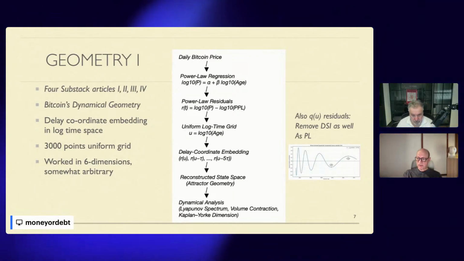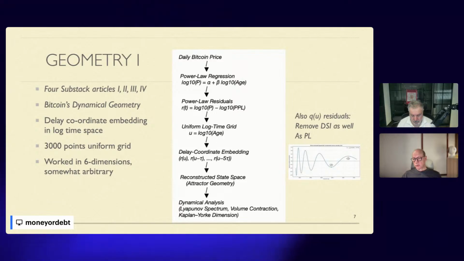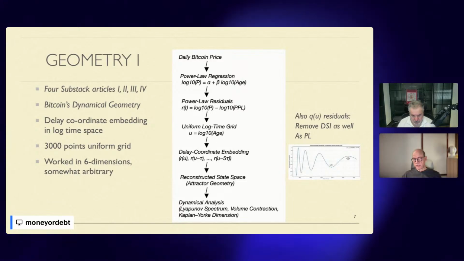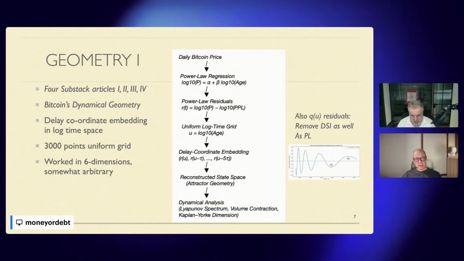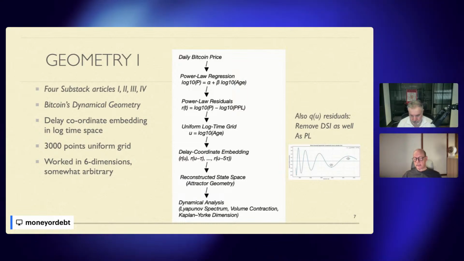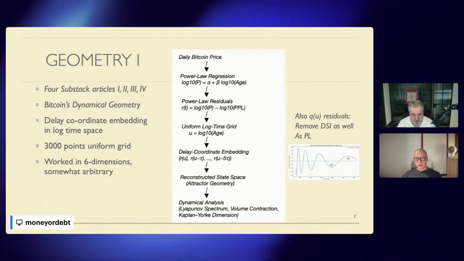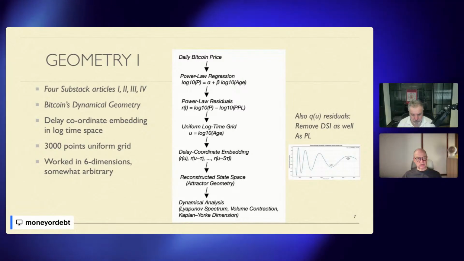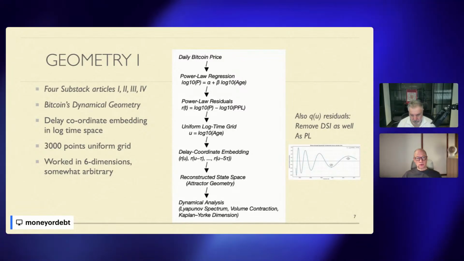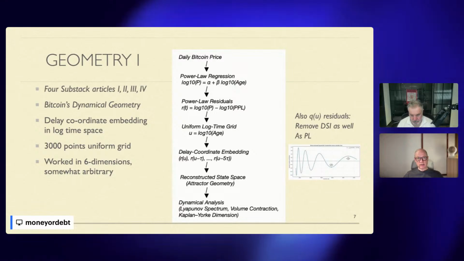And the last trough was in the middle of 2023, and the peak is near the end of 2029, if it continues to maintain that same frequency and doesn't have a lot of phase shift. So that's what we use to remove the discrete scale invariance.